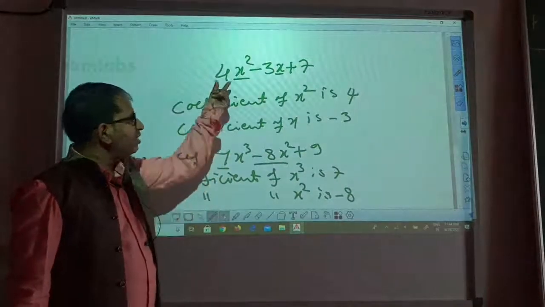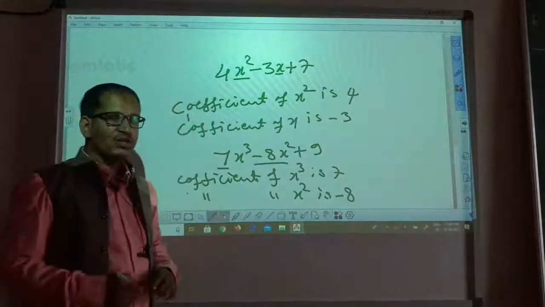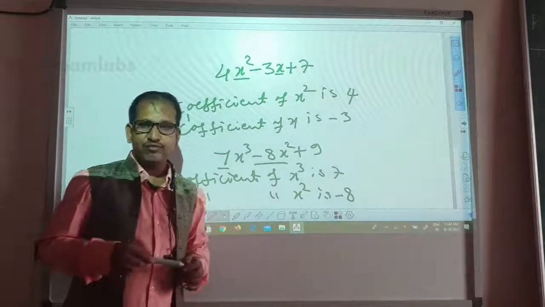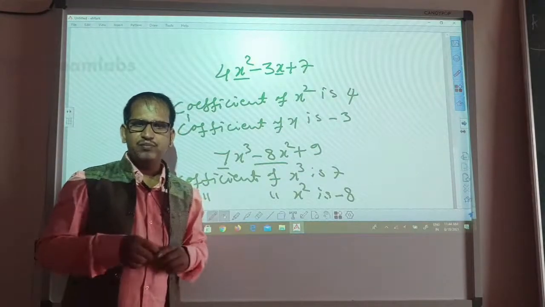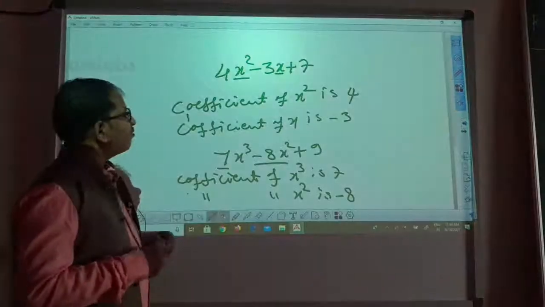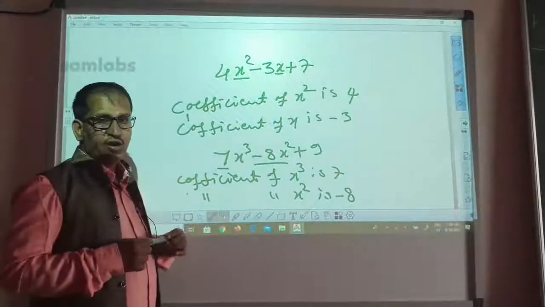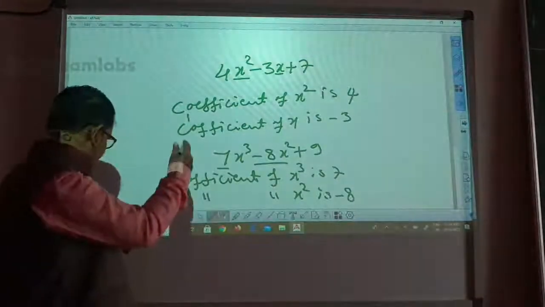But whatever they ask, we have to write. In your textbook, in the first exercise of the polynomial chapter, they have given to find the coefficient of x square in the equations or polynomials. You can solve like that also.